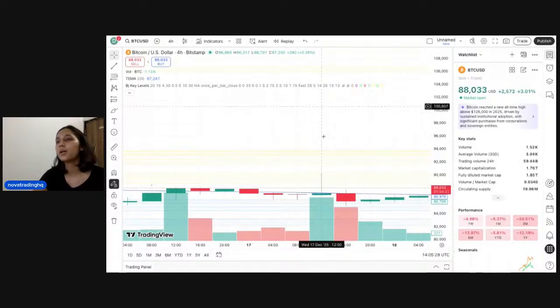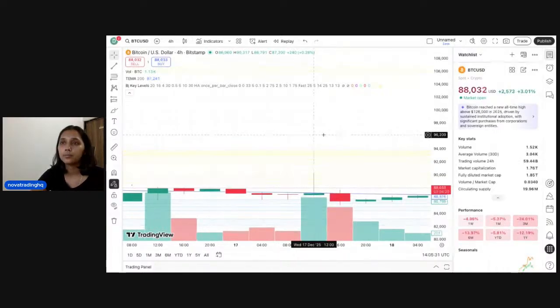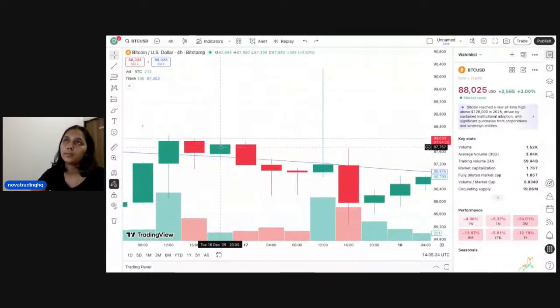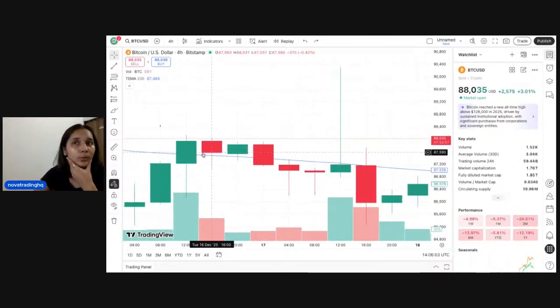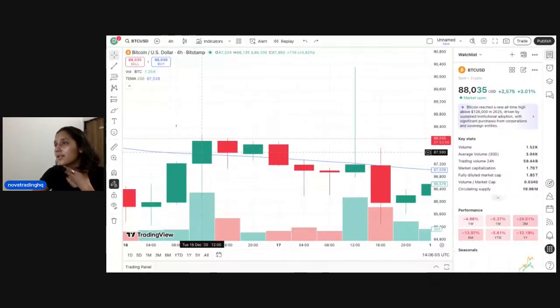For those who don't know how to draw support and resistance, they can use indicators like these, and there are a few more, but it's important for you to understand how to draw support and resistance. In the coming videos we will be drawing your support, your resistance, your trend line, and then we will do the analysis. But for the time being, we will start the analysis without those, because I understand some of them must be newbies and don't understand what exactly support and resistance is.